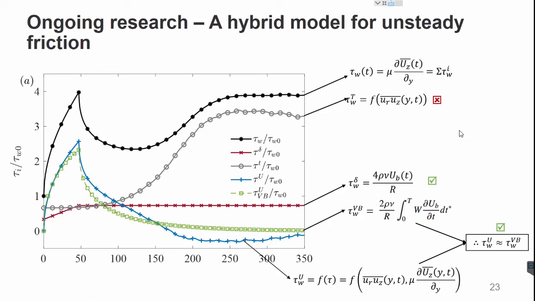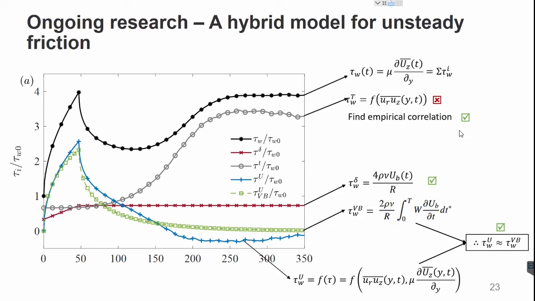We go back to the closure problem of turbulence, which doesn't have a solution. If I were able to find a solution, I would be a millionaire because there's a Millennium Prize for this one. So I cannot solve that, but what we can do is use the series of data sets we have from DNS simulations and try to find an empirical correlation.